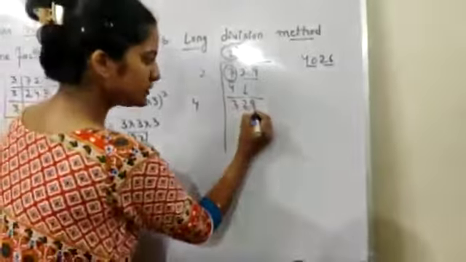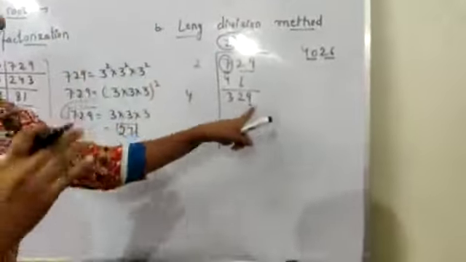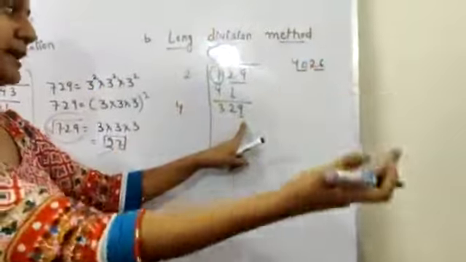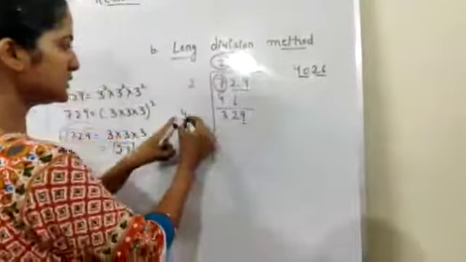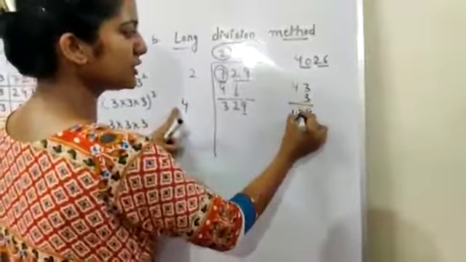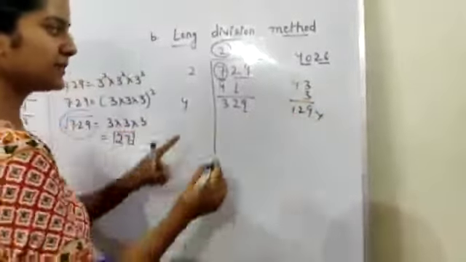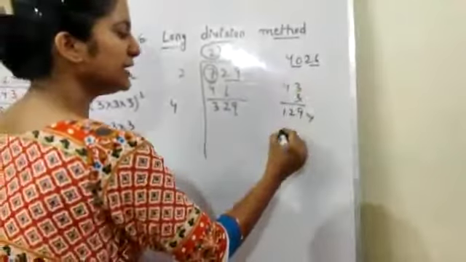329. Now see, 9 is at the end. So we have to recall which number multiplied twice gives 9. The number is 3. So we'll take 3 and 3. 3 3s are 9, 3 4s are 12. This is a smaller number. The next number is 7 because 7 7s are 49.